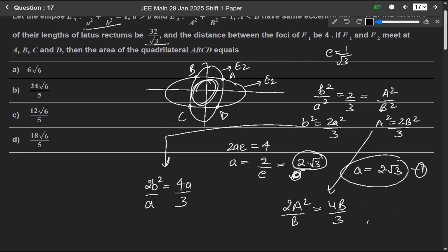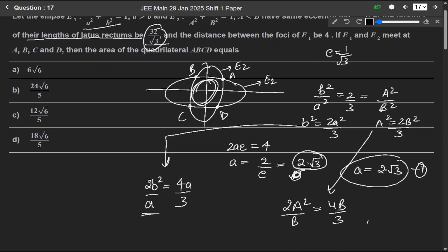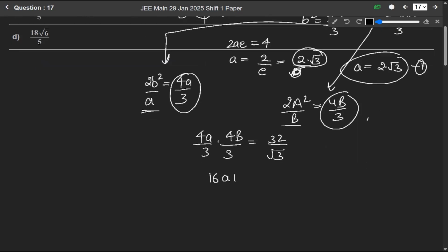And in the question it is saying that the product of the lengths of the latus rectum is given as 32 over root 3. Means 4a over 3 into 4b over 3 is given as 32 over root 3. 4 4s are 16, ab over 9 is given as 32 over root 3.